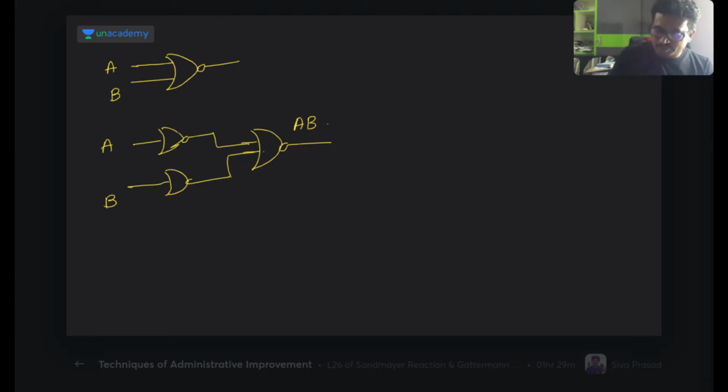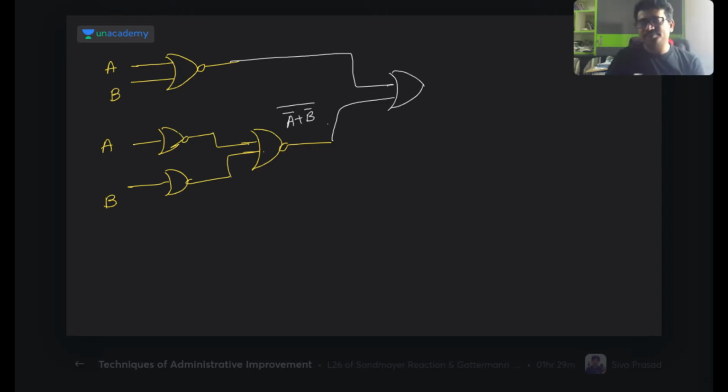Next, these two are applied to one more NOR gate. Now this is AB. What we'll get now here is A bar plus B bar whole bar, isn't it? I applied one more NOR gate like this.